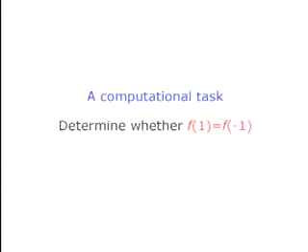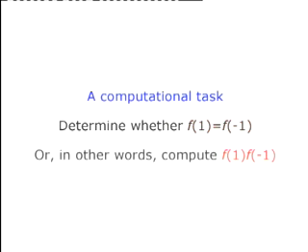Anyway, the problem that we are going to solve with a quantum algorithm is not to find out what f is, but to determine a property of f. Specifically, whether f of 1 equals f of minus 1 or not. Or more concisely, the task is to compute the product f of 1 times f of minus 1, without looking inside the oracle.